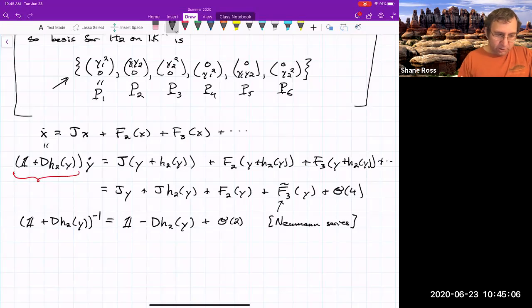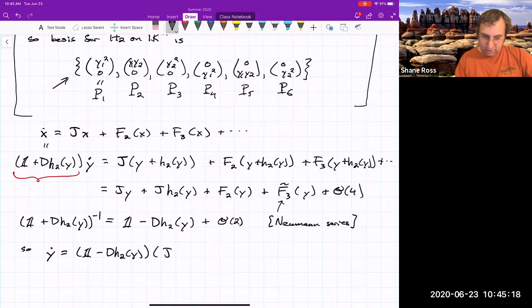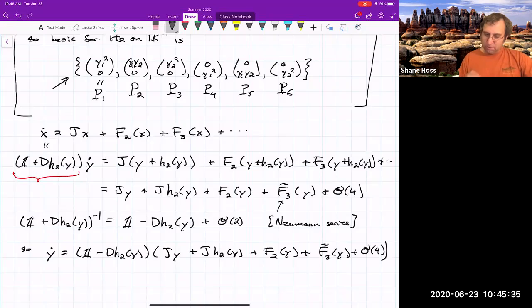So then working that out, what do we get? So y dot equals identity plus dh2y times jy plus jh2y plus f2y plus f tilde 3y, terms of order 4.